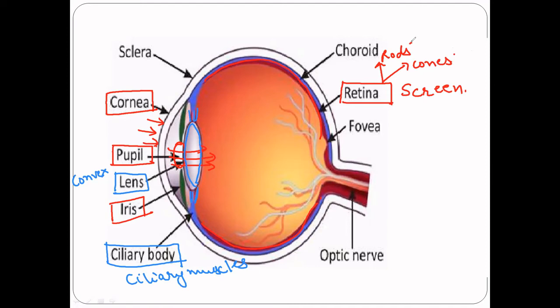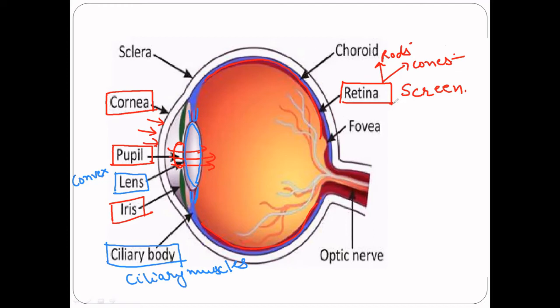This is possible because of the presence of rods, but more cones are present in our retina as compared to rods, and this is the reason we can see more clearly in bright light as compared to dim light. But in a bat's eye, more rods are present, and this is the reason bats can see in the dark also.